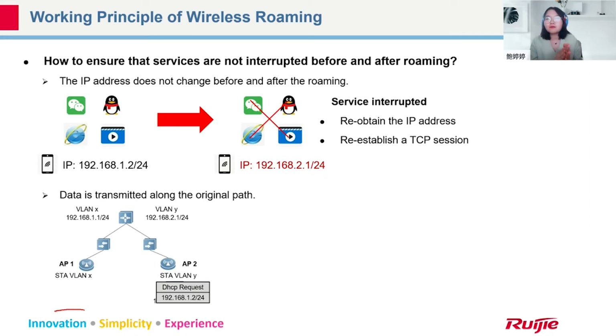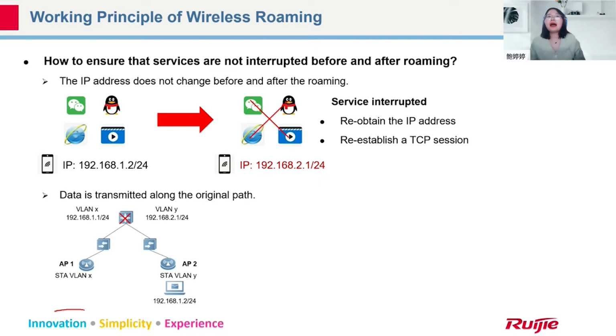Because this request message has the IP address 192.168.1.2, and I send it to AP2, AP2 will add VLAN Y, and VLAN Y can only be recognized for the segment of 2.0. So I send the message out. Finally, the devices will discard this message.